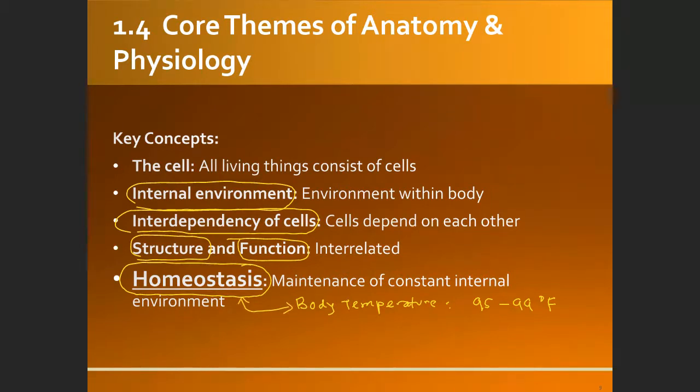Another example is blood pressure. Normal blood pressure is around 116 to 120 systolic, and diastolic maybe around 75 to 80. The average is 120 over 80 blood pressure, systole and diastole. So this is the homeostasis for blood pressure, and it has to be maintained.